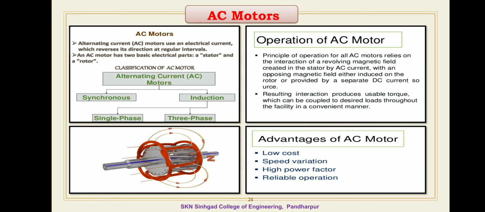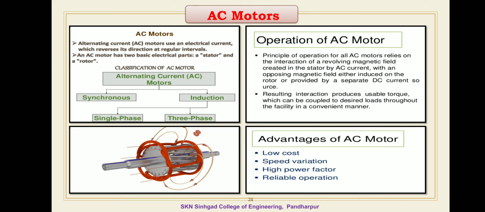The working principle of a DC motor is that when a current carrying conductor is placed in a magnetic field, it experiences a torque. It has the tendency to move, or produce torque. So this is the basic difference between a DC motor and an AC motor.